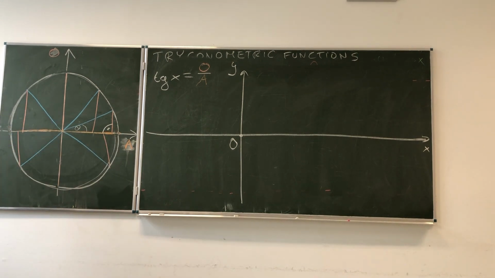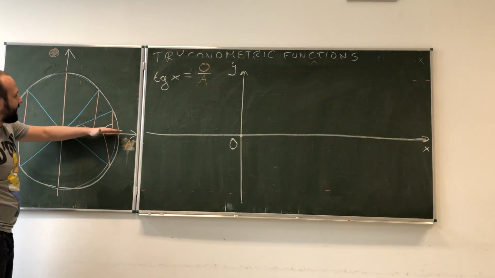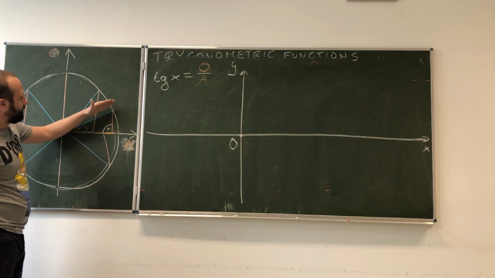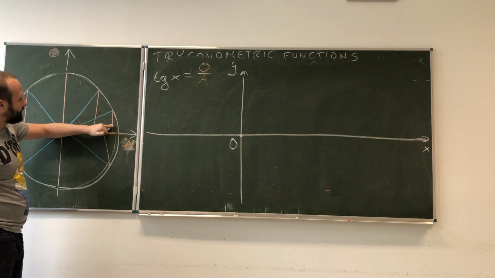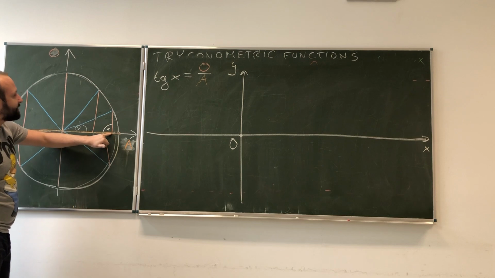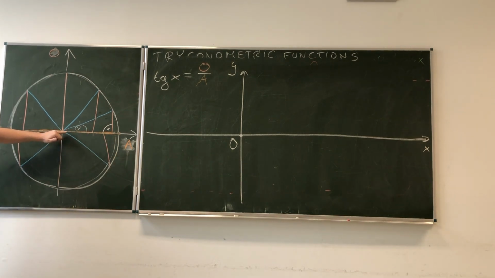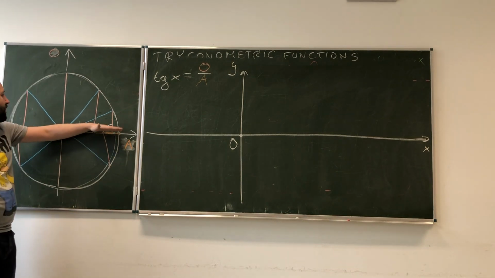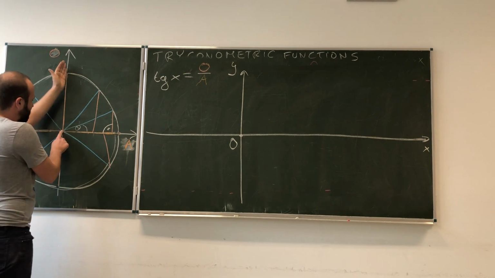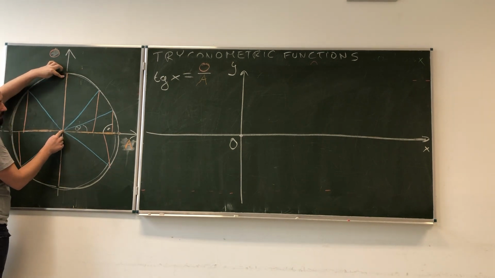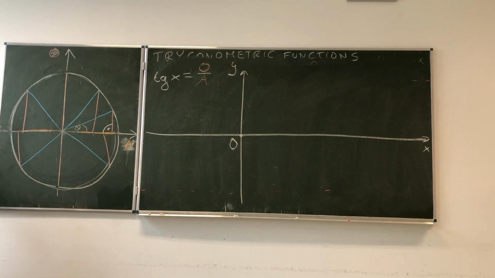But look, what's going to happen then? We see that as we are moving over here, the opposite is getting bigger and adjacent is getting smaller, smaller and smaller. And look, here is the problematic part, right? Once we've got here, we need to divide by 0. And division by 0 is prohibited.